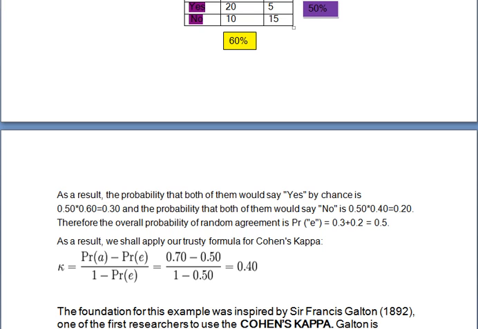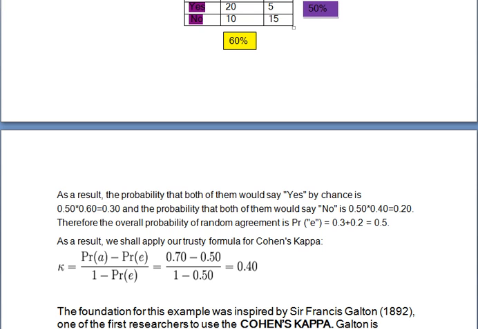As a result, the probability that both of them would say yes by chance is 0.50 times 0.60 equals 0.30, and the probability that both of them would say no is 0.50 times 0.40 equals 0.20.